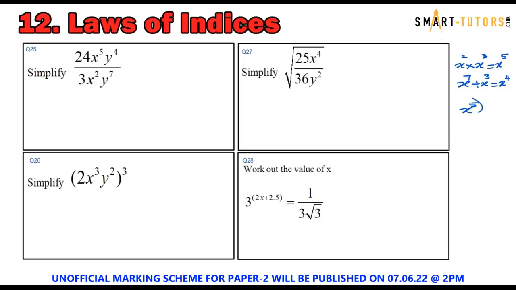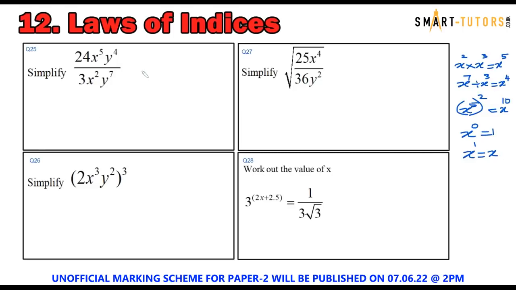Power to the power of another power, powers need to be multiplied, 2 times 5 is 10. So power 0 is 1. Power 1, the expression itself. So these are the basic topics you need to know.